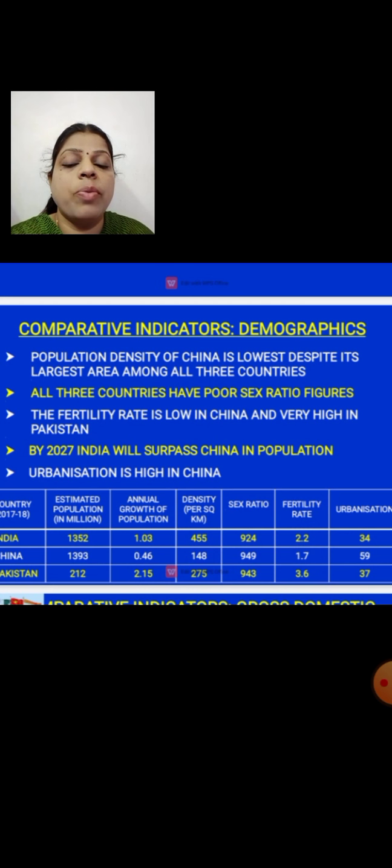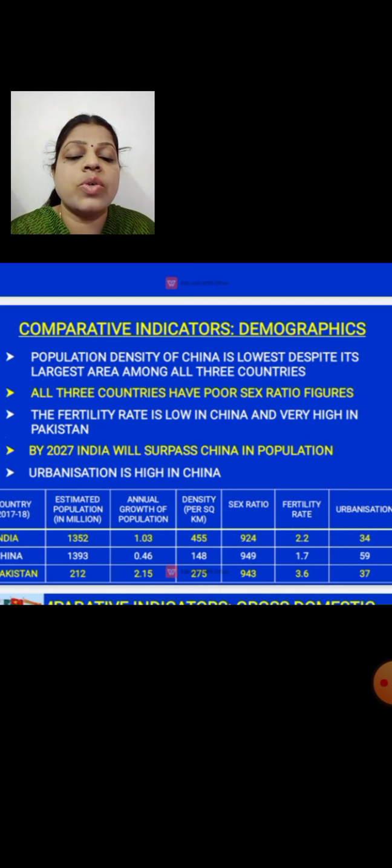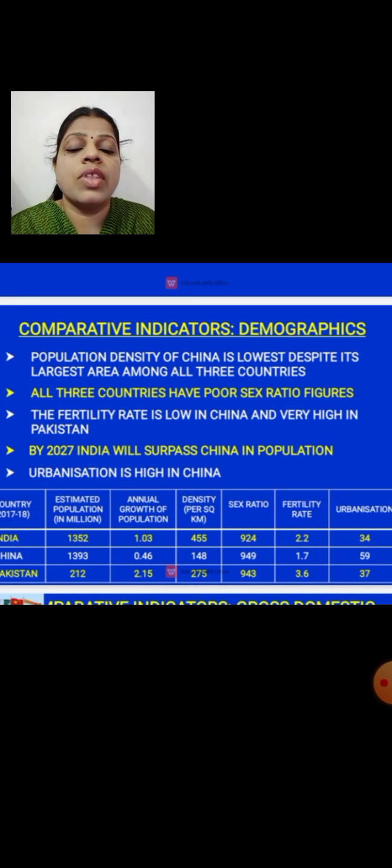So estimated population is high in China. And what about the other indicators? Its density, annual growth rate of population, the sex ratios, the fertility rate, as well as the urbanization. We can see the changes in the figures.